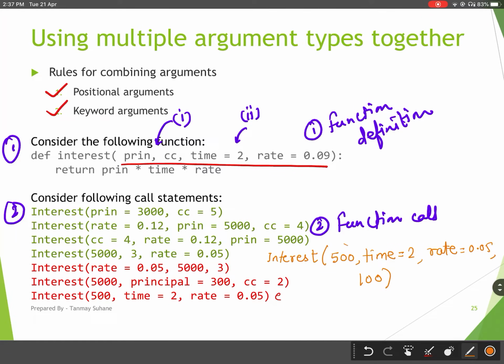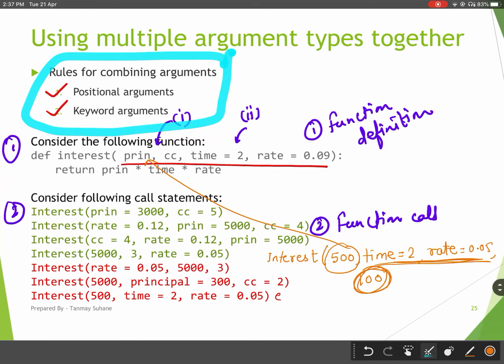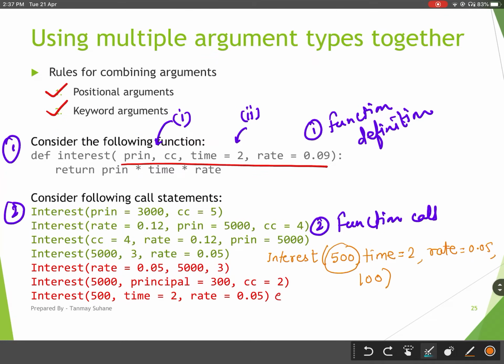So this is wrong because the first argument will go to the first argument. And these are positional argument, keyworded argument. This is fine, but this is again positional. So all the positional arguments come first as per our rule. So this example is wrong.